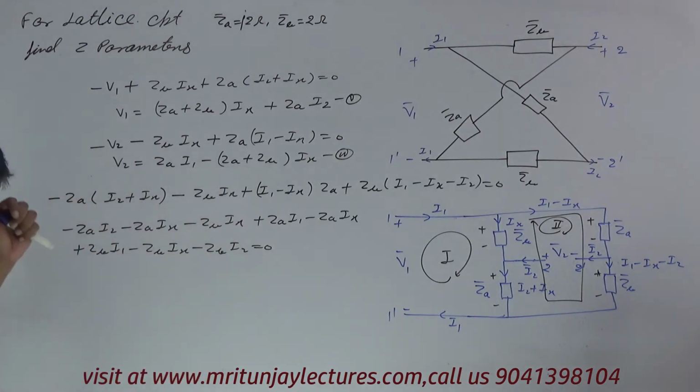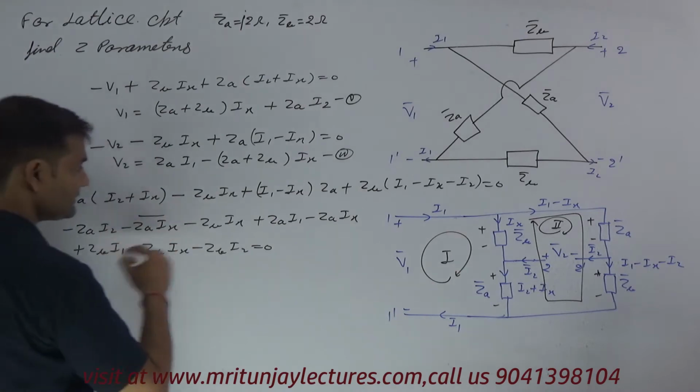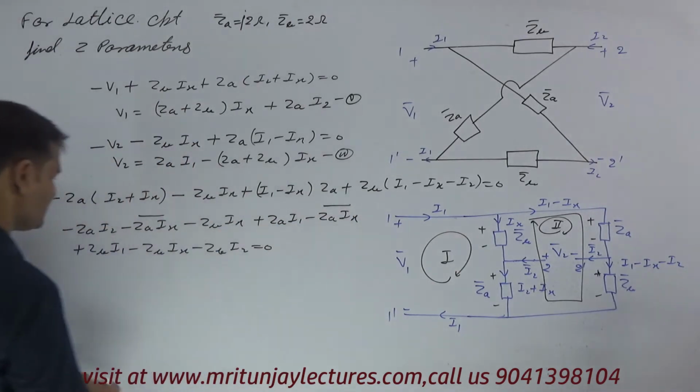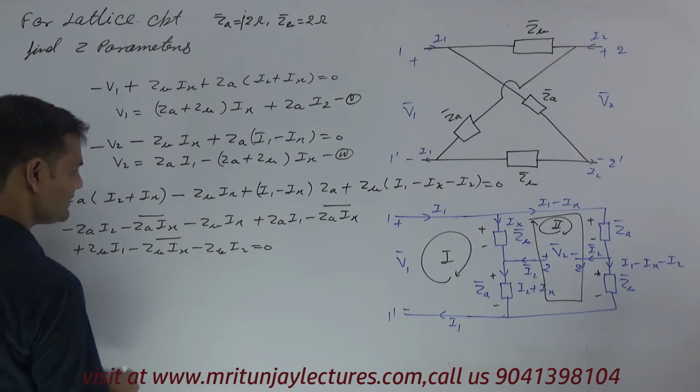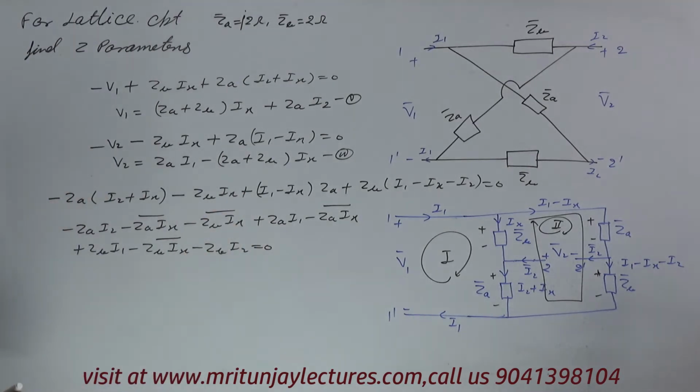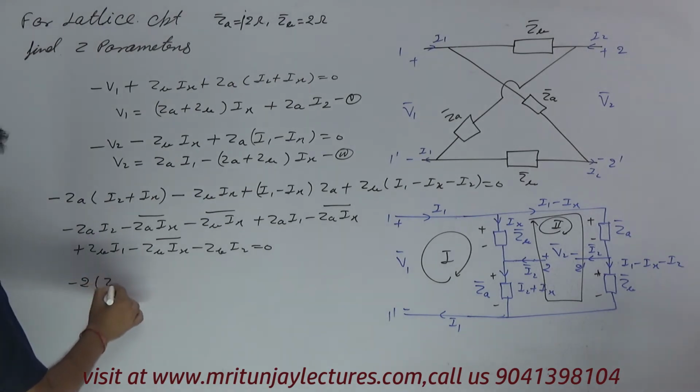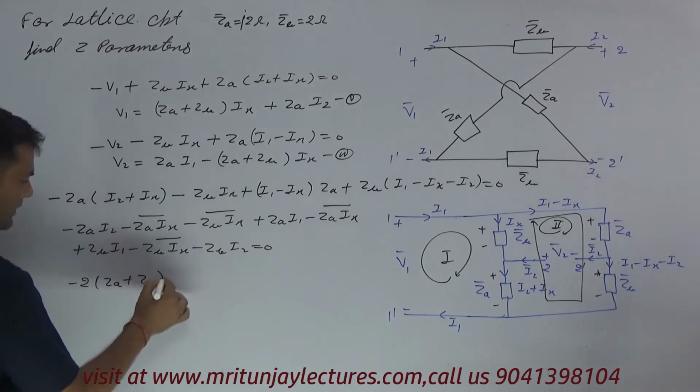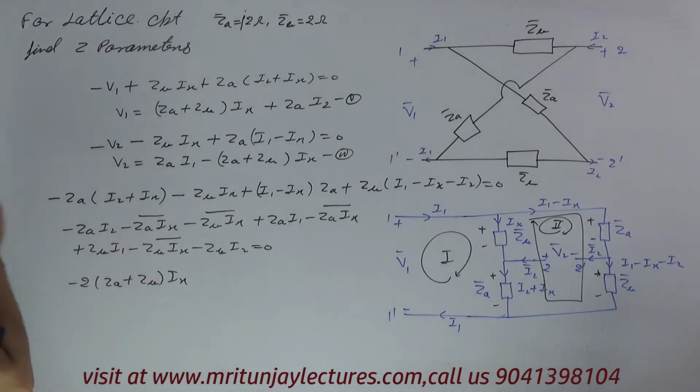So first of all, Ix and Ix: minus 2 times (ZA plus ZB) into Ix.